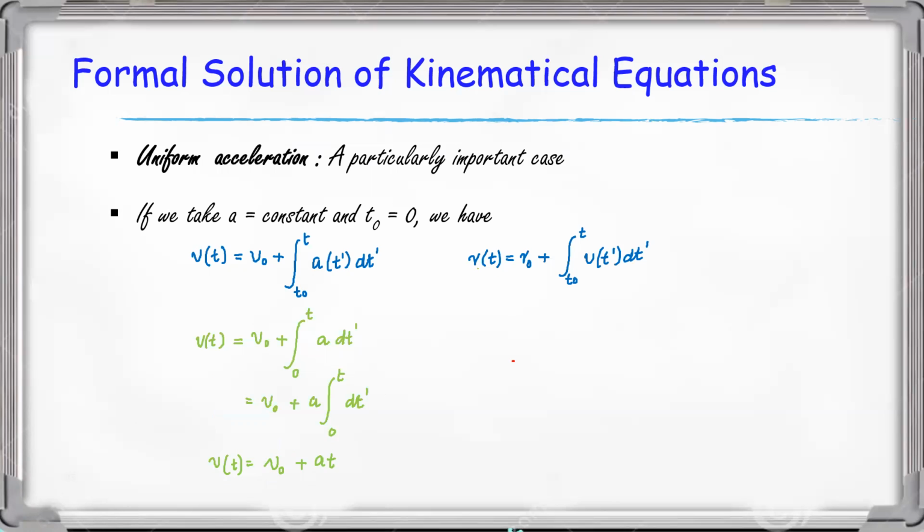Now we go to the second equation, that is r of t. I rewrite it here: r of t is equal to r0 plus the integral from 0 to t of v of t dash dt dash.